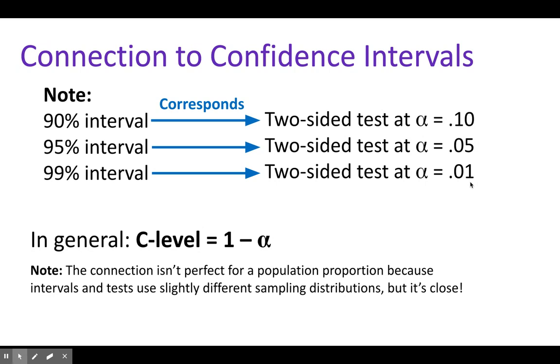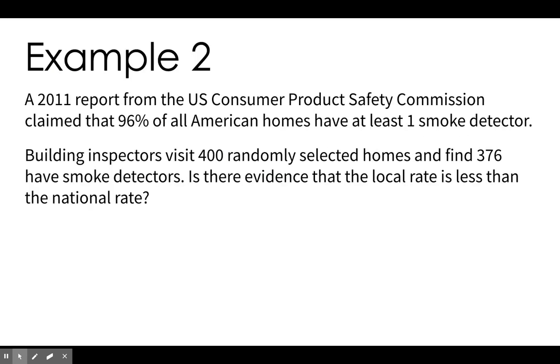In general, your confidence level is equal to 1 minus alpha. And just a note, the connection isn't perfect for a population proportion because intervals and tests use slightly different sampling distributions, but it's close.